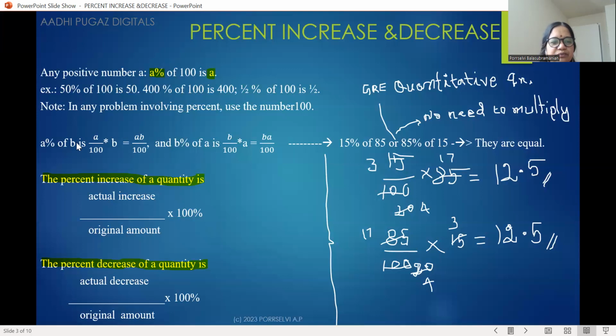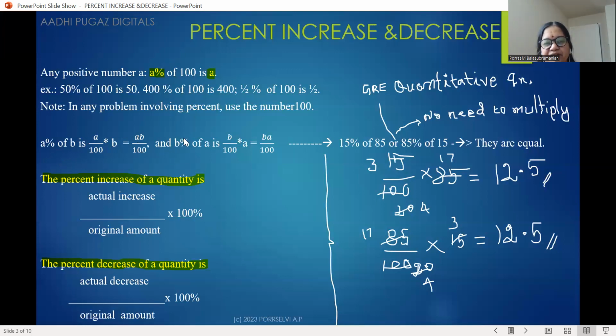So a percentage of b is a divided by 100 multiplied by b. If you want to calculate a percentage of b, we need to do a divided by 100 multiplied by b, which is equal to ab divided by 100.